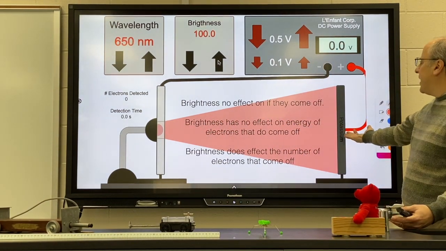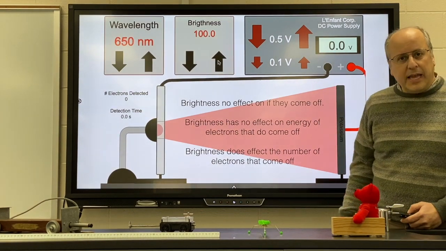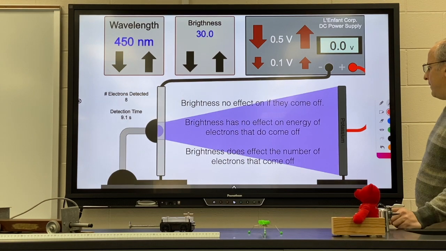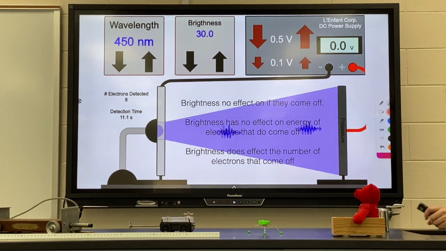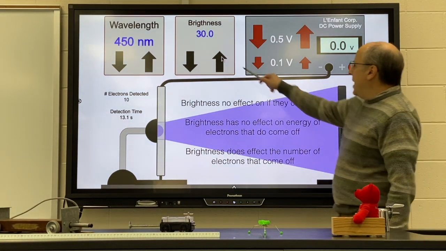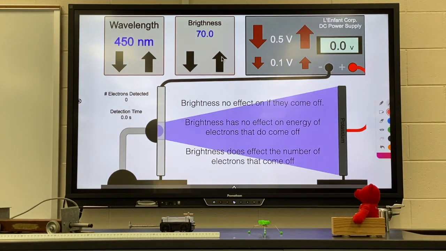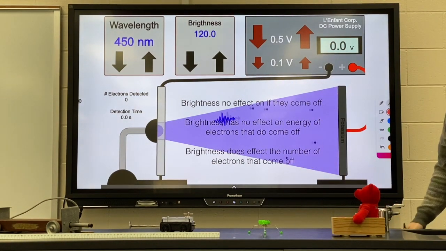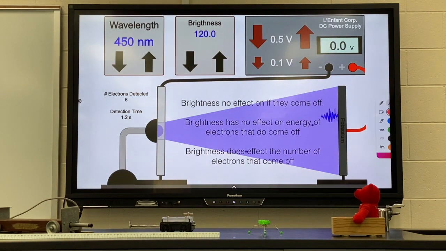It had no effect on whether or not electrons came off. However, if the electrons are coming off and I increase the brightness, I'll get more electrons. So more brightness means more electrons come off of the metal.